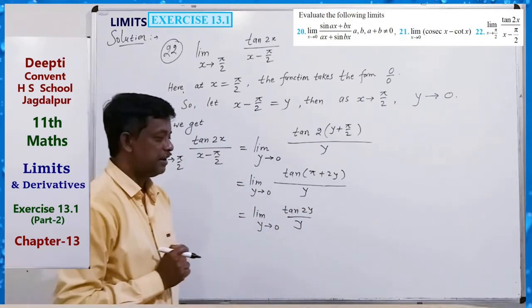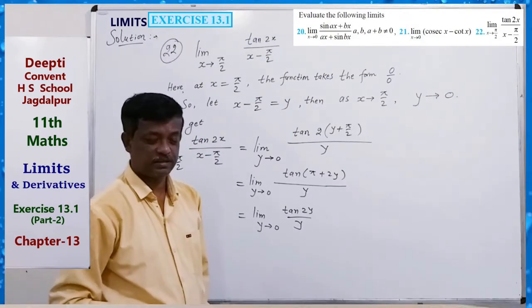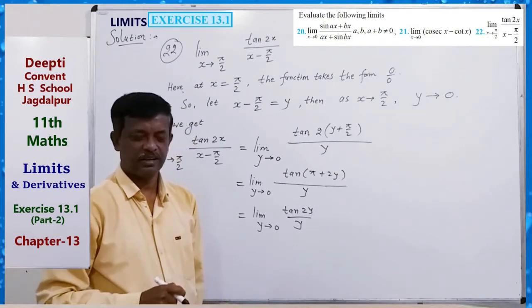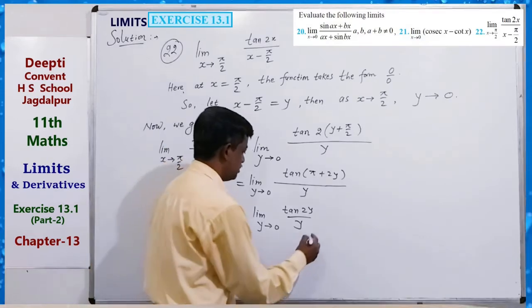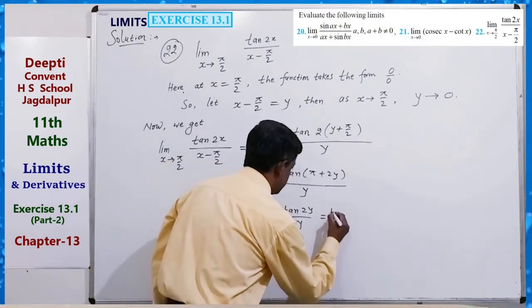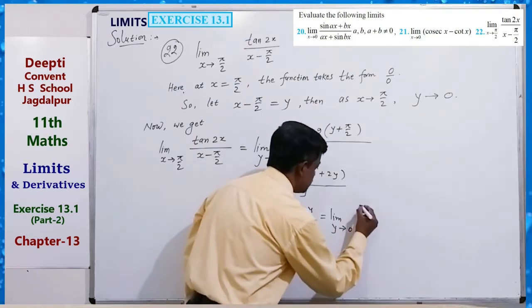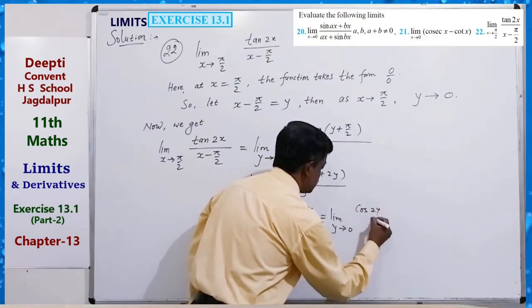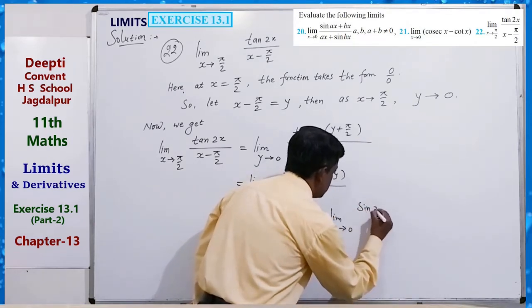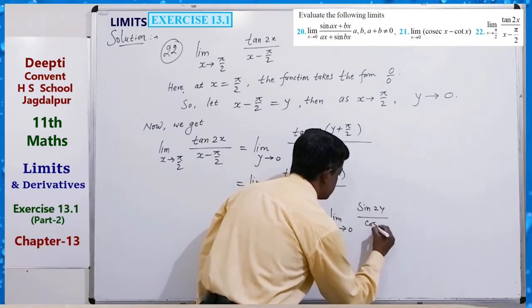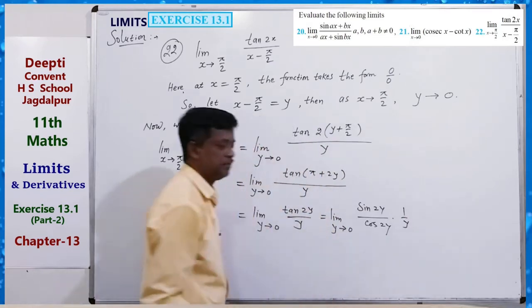Clear? Now for tan, we can use the direct formula, limit tan x by x equals 1, or you can also convert it in terms of sine and cos. So here limit y tending to 0, tan can be written as sin 2y upon cos 2y into 1 upon y.